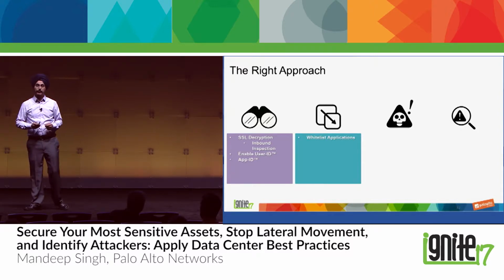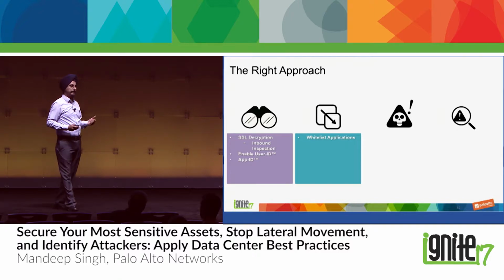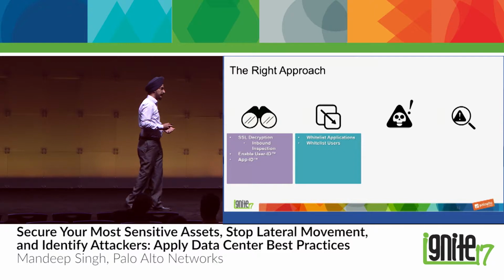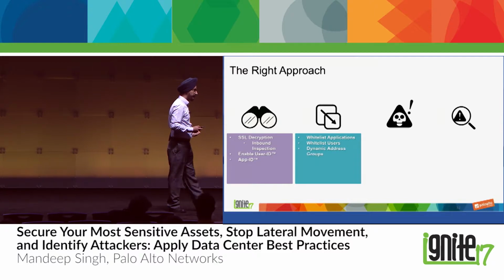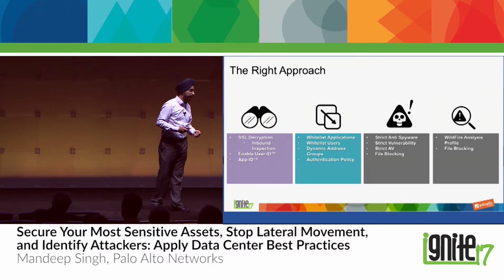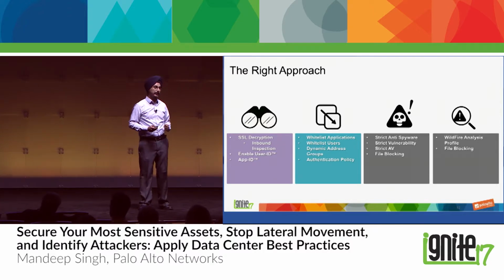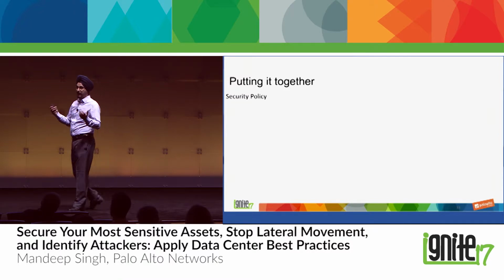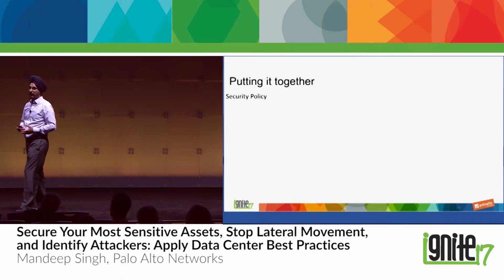Okay, now you get this visibility, and how do you reduce the attack surface area? You whitelist applications. You whitelist users. You use dynamic address groups. Something really cool that came out in PAN-OS 8 is authentication policy. We'll talk about all of this. And of course, you use the strict threat prevention profiles that we have looked at, right?